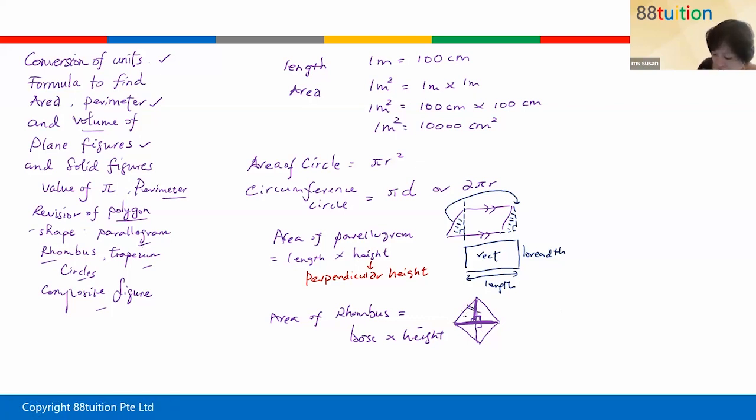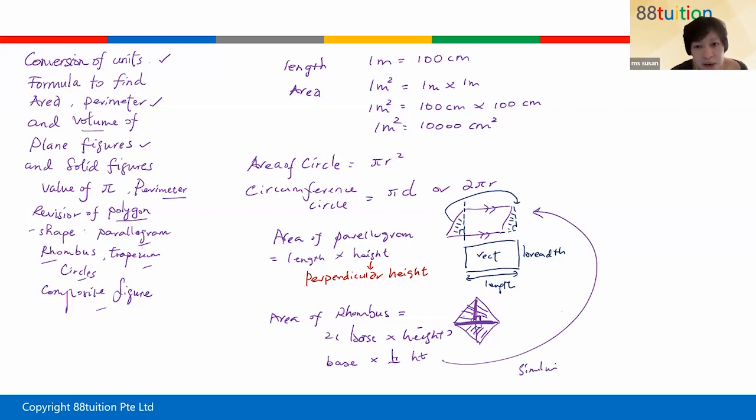The area of this triangle and this triangle is the same, they are symmetrical. So you can use the base multiplied by the height and then times 2, or you can use the base of the rhombus multiplied by the perpendicular height.